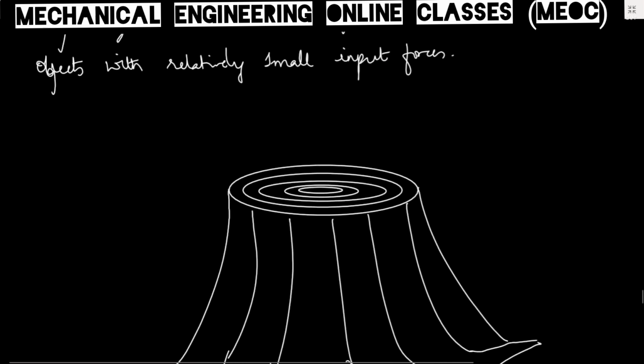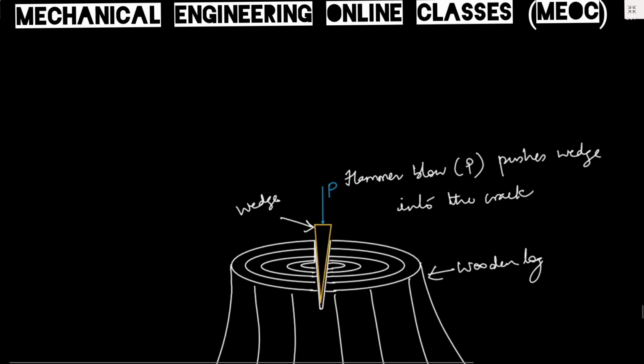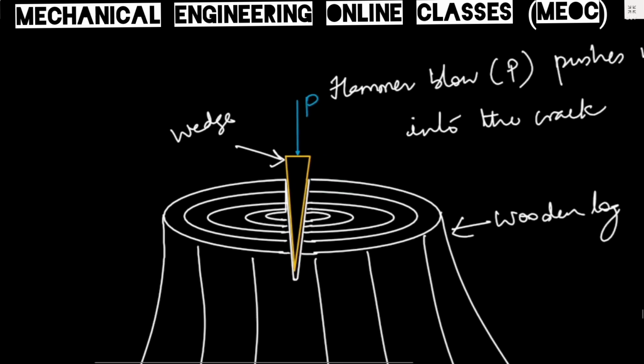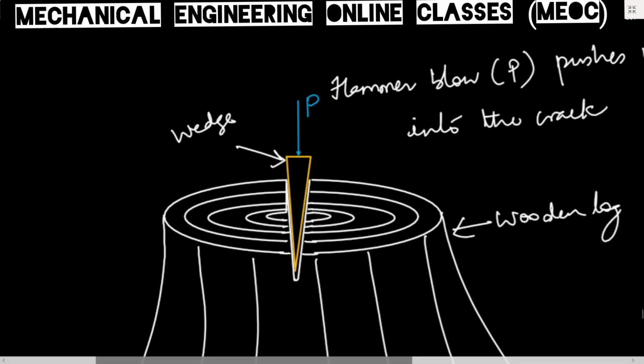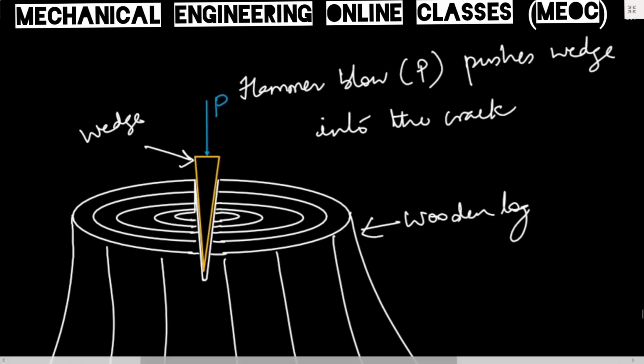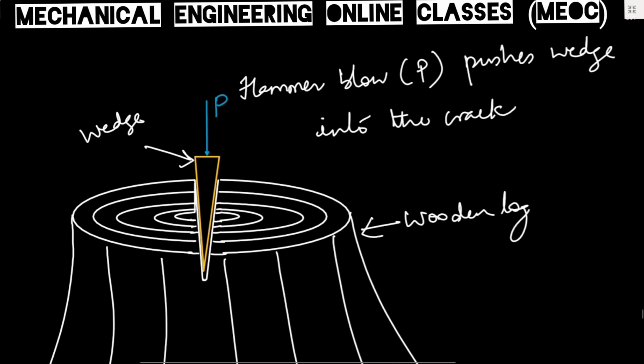For example, if we have a wooden log and want to break it apart, into the crack of the wooden log we can insert this wedge, and on application of a hammer blow whose value may be P, the impact force, as we give forces continuously, it is easy for this wedge to get into the log, increasing the crack length, so that the wooden log can be broken into two pieces.